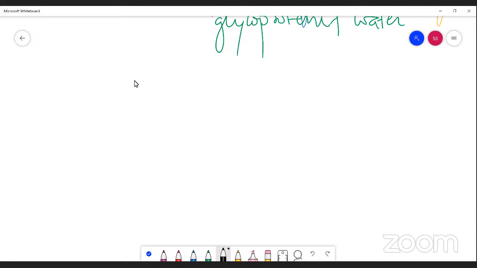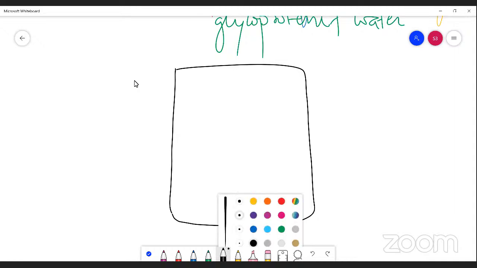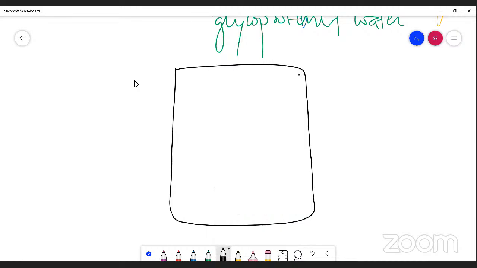Let me draw the structure. Now this is a cell. The cell is the basic unit of a living organism, right? And it is made of a cell wall, which is the outermost layer. I am drawing. This is a cell wall that encloses the cytoplasm, right?